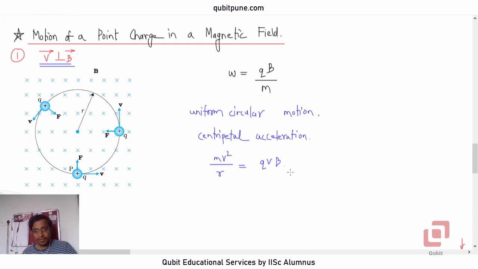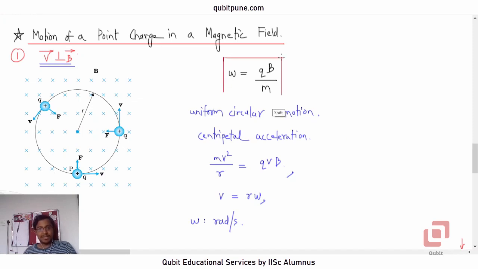And there also is another relationship which you might have studied in your 11th physics, that is v equal to r omega, where omega is the angular speed measured in radians per second. By eliminating v, you'll find that r also gets eliminated, and you get a relationship for the angular speed of the particle.